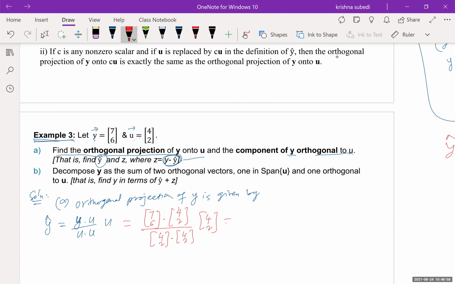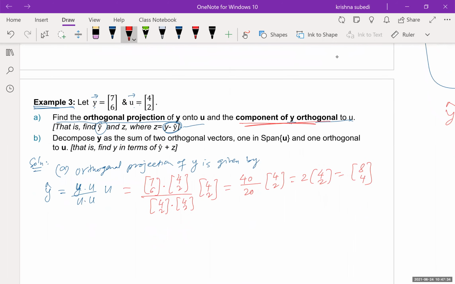If you calculate the top part, 7 times 4 is 28, plus 12 is 40 on the top, divided by 4 times 4 is 16, plus 2 times 2 is 4, which is 20, times 4 and 2, which gives me 2 times 4 and 2, or you can say 8 and 4. Part A is done. Any question? Oh, not done. We have to find the component as well.